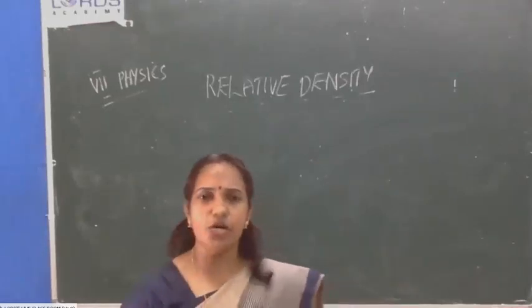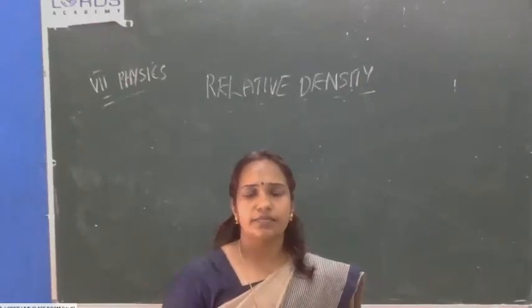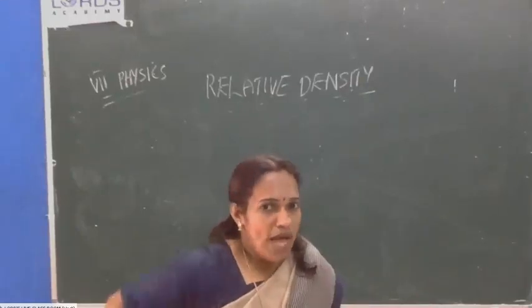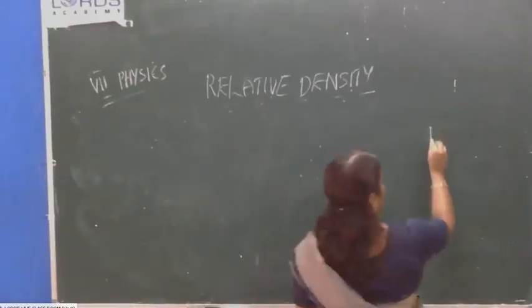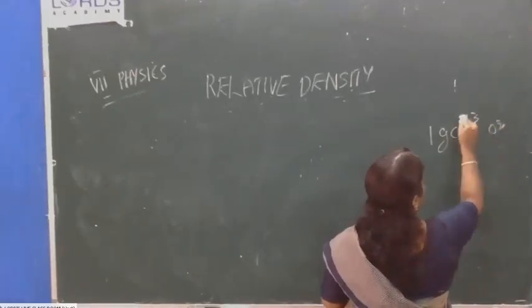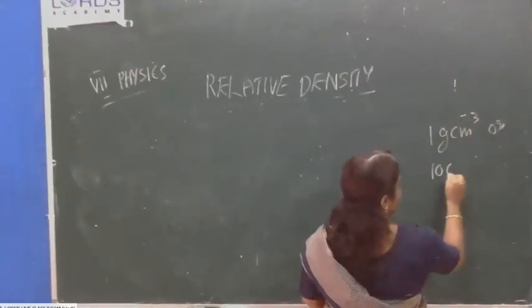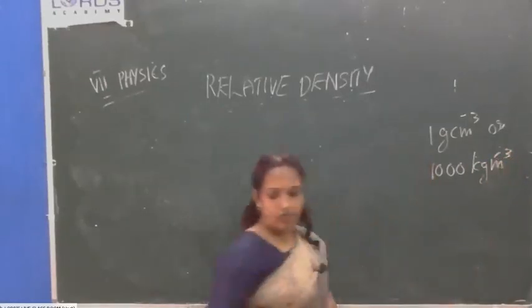What is the value of density of water at 4 degrees Celsius? 1 gram per centimeter cube or 1000 kilogram per meter cube. Very, very important. Don't forget.